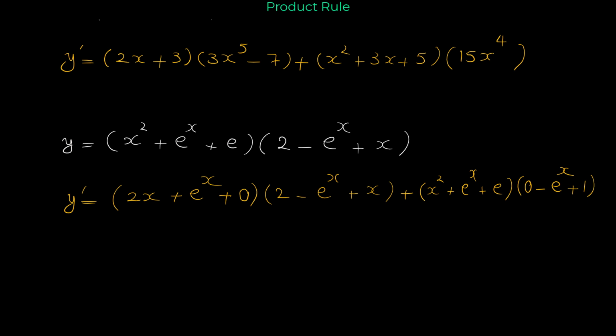Let me show you another example of the product rule. Let's say we are given this function: y equals x plus sine x plus pi times pi minus x to the 2 plus x.